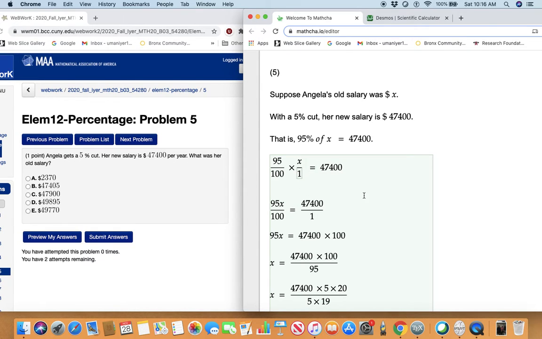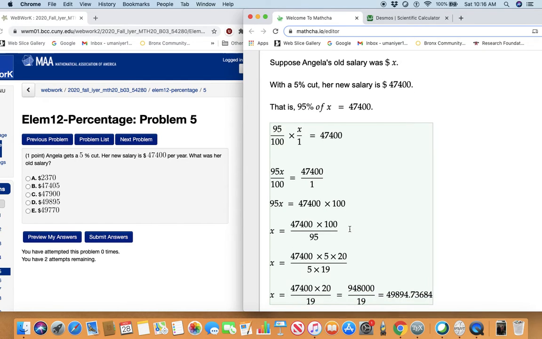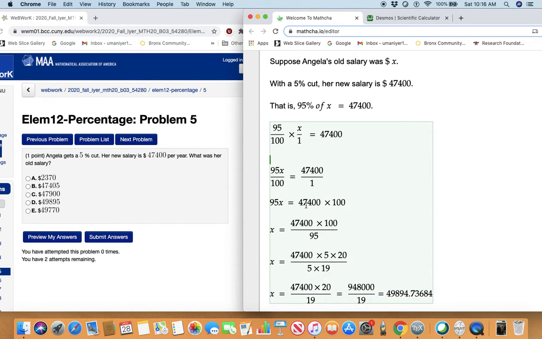When you multiply, it becomes 95X on the top and 100 on the bottom, equal to 47,400 on the top, 1 on the bottom. Now you can cross multiply. 95X times 1 equals 47,400 times 100. To solve for X, divide both sides by 95.